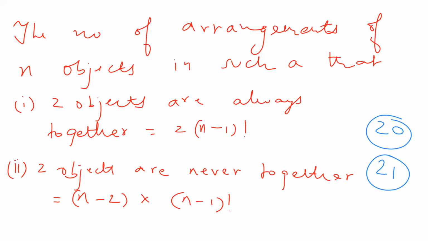If we find some objects always being together, for never together we can do total minus the ones that are together, right?